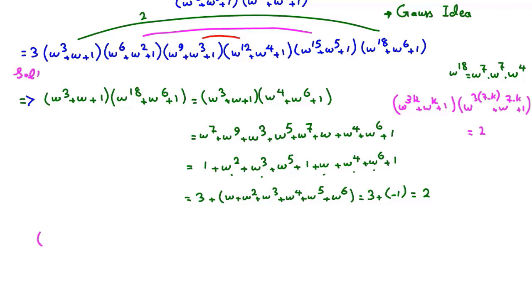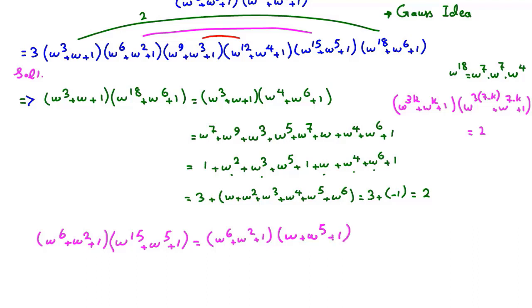Solution number 1, we can say, then I will tell you in terms of K, if you want to find W6 plus W squared plus 1 times W15 plus W to the 5 plus 1. So we can write it as W6 plus W squared plus 1. Because W to the 7 is 1, W to the 14 is 1, so it will be W plus W5 plus 1.